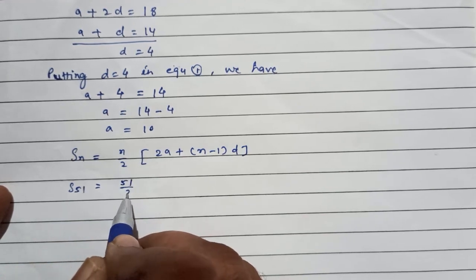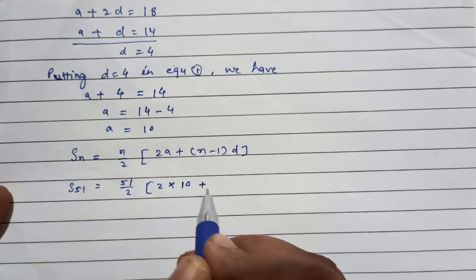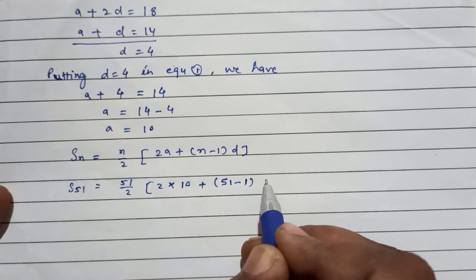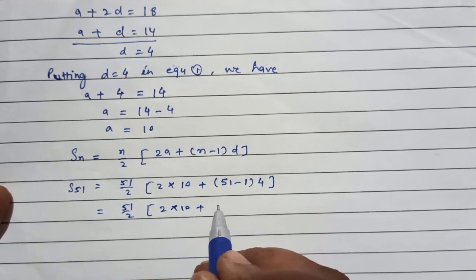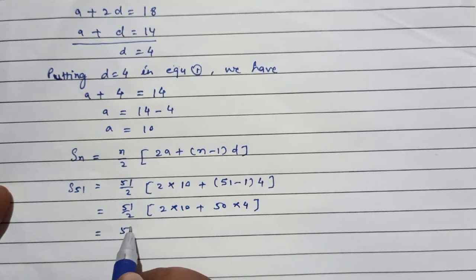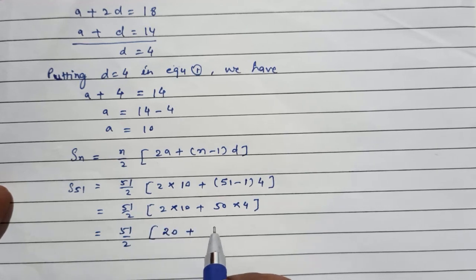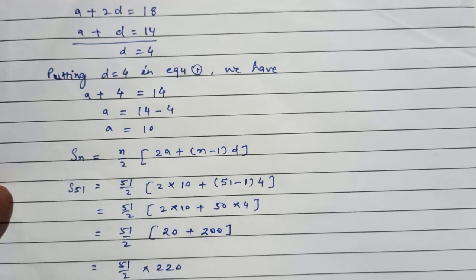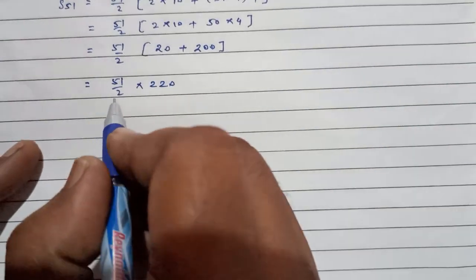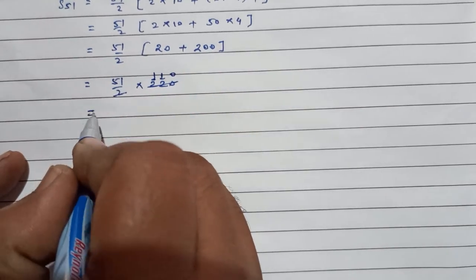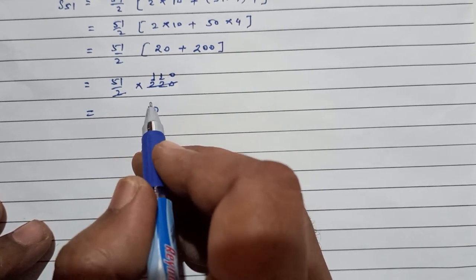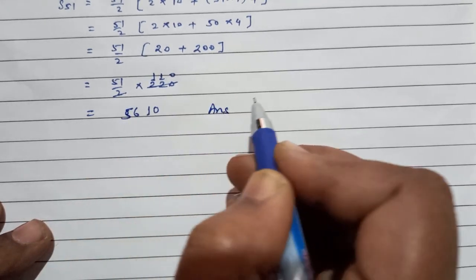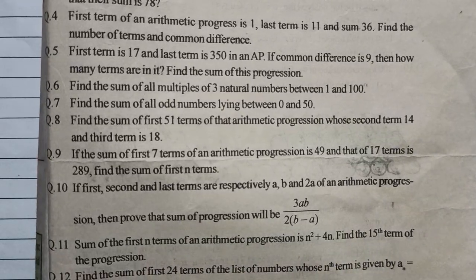Sum of 51 terms, 51 upon 2 into 2 multiplied by 10 plus 51 minus 1 into 4. 51 upon 2 into 20 plus 50 multiplied by 4, which is 200. 51 upon 2 into 220. 2 into 110. 51 multiplied by 110 is 5610.